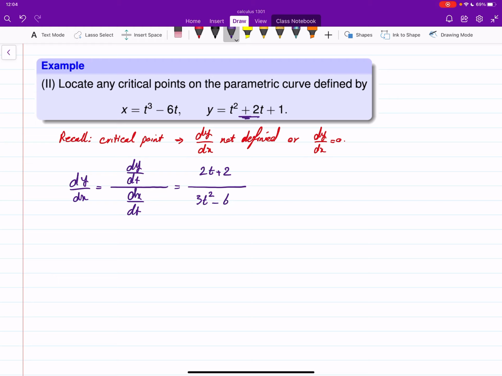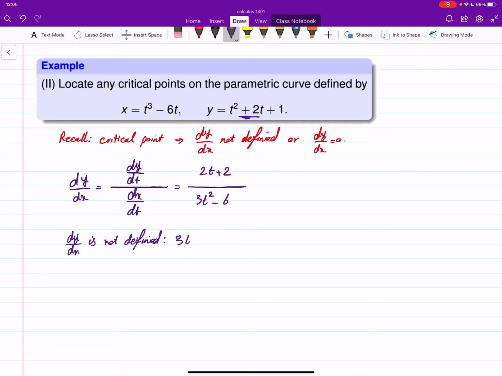This is the derivative in terms of t, and we know that the derivative is defined for any t you plug in there, unless the denominator is 0, values of t for which the denominator is 0.